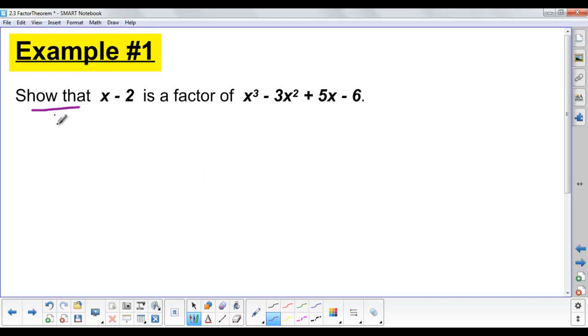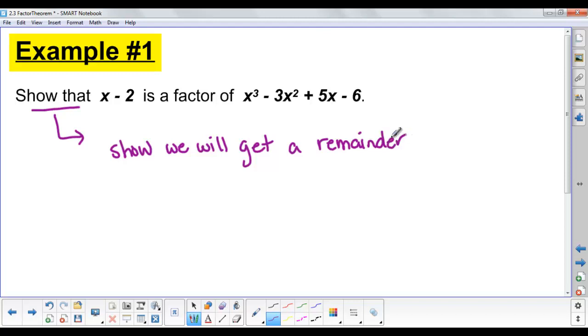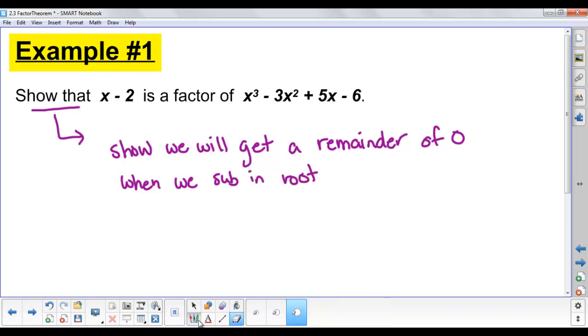So in order to show this, all we need to do is show that we will get a remainder of 0 when we sub in the test root. So in other words, we want to show that f at 2 equals 0.